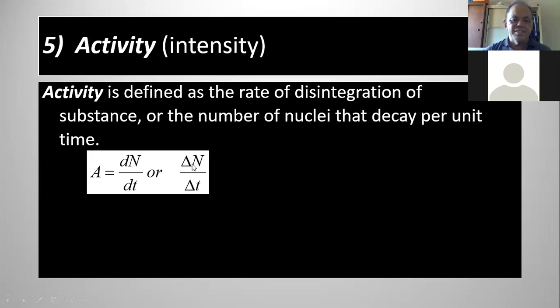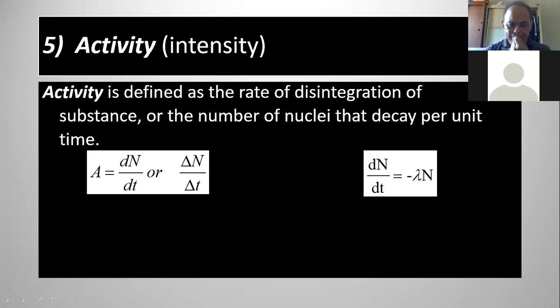Delta N, the change in the number, divided by the time interval that we measure this number. And since that is our law, dN/dt equals minus lambda N. Remember, when we measure activity, it's a positive number. We don't bother about the negative sign unless we are looking at the law. So it becomes N lambda.